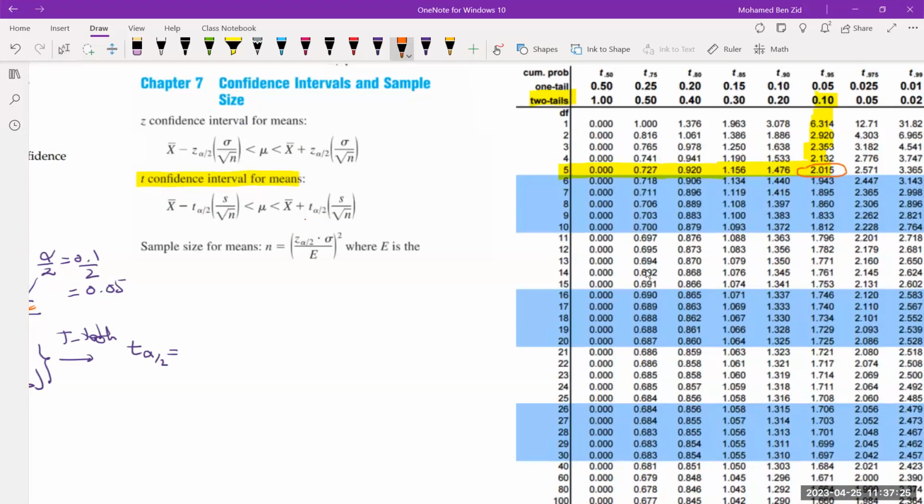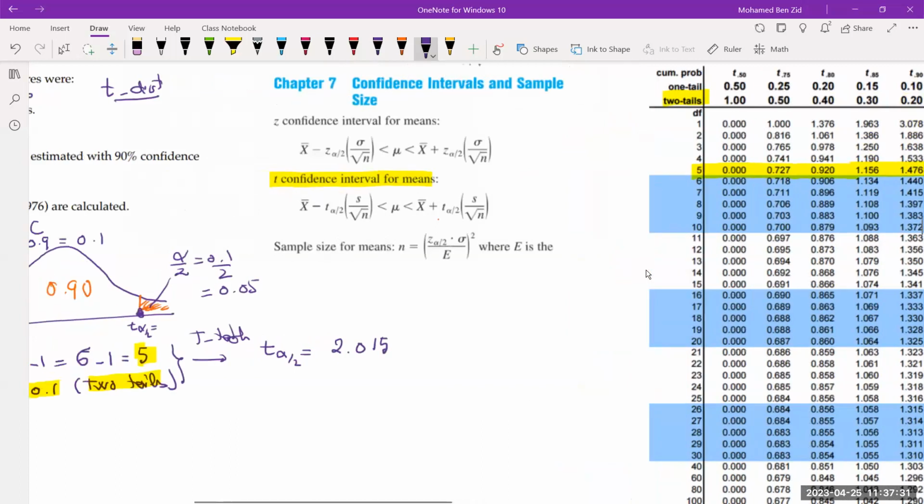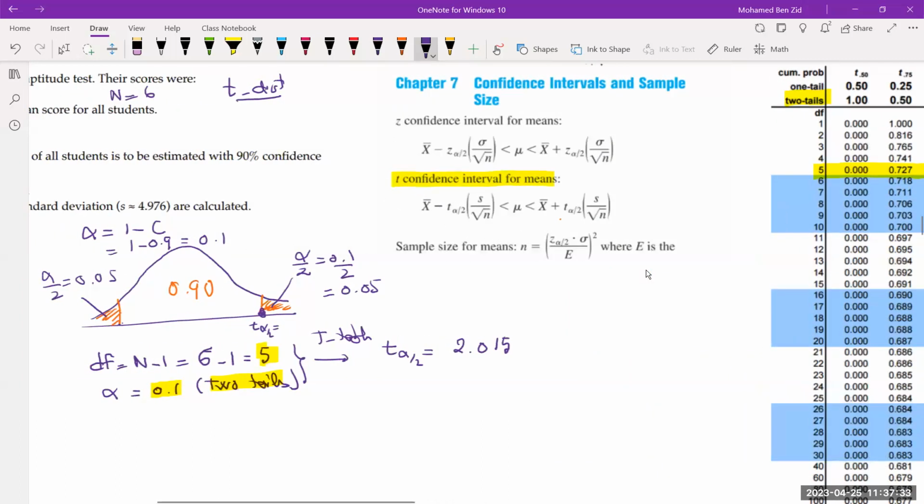So the t alpha over 2 is 2.015. And because I'm using one of the tails, this is positive. I just need the value. I don't need anything else.